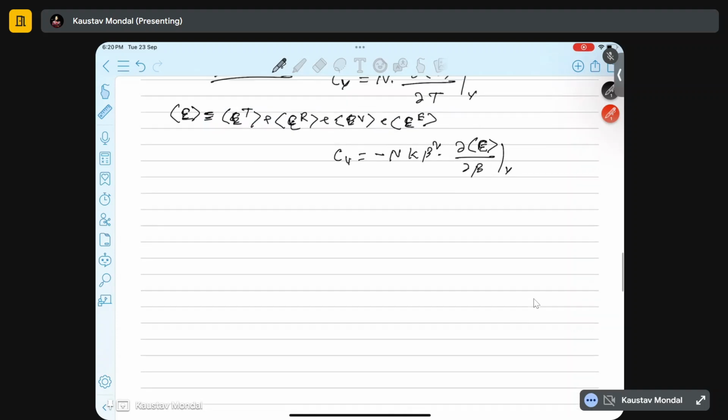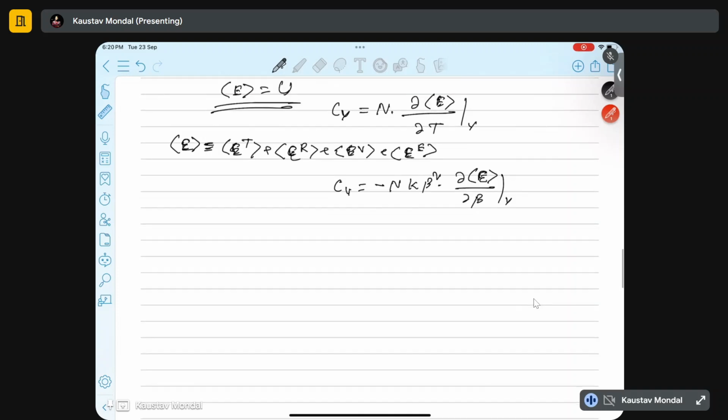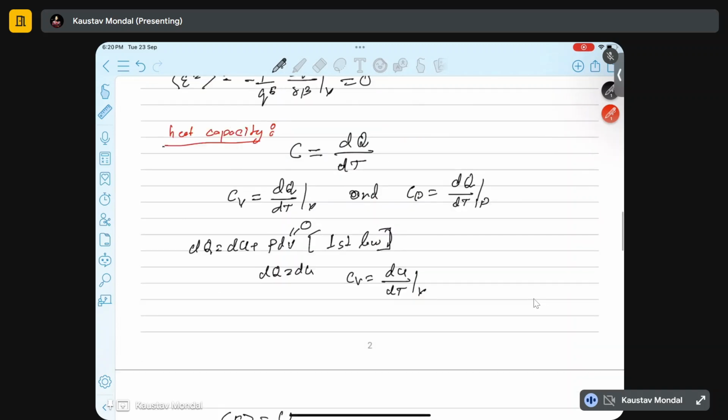Now there is also a formula. In case of ideal gases, there is a relation between Cp and Cv. So if you know Cp, using that formula you can calculate the Cv.